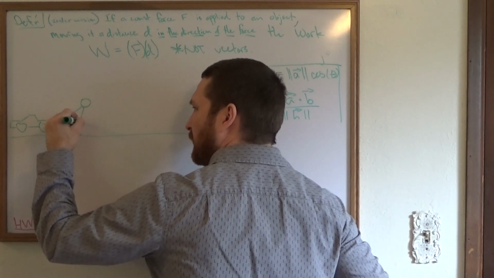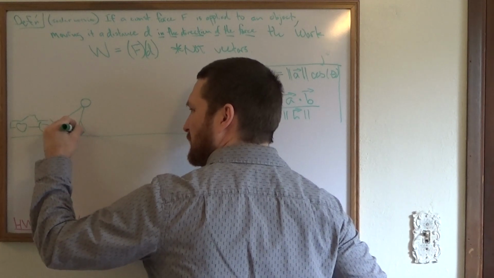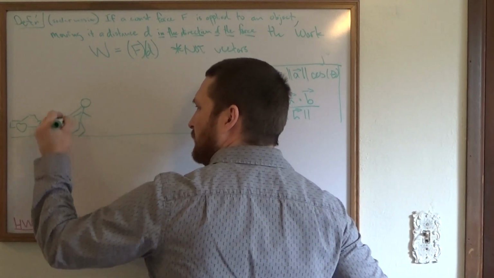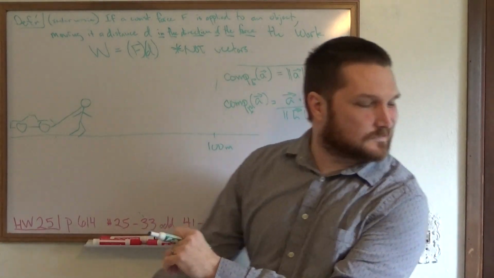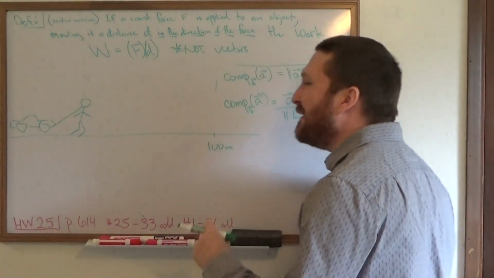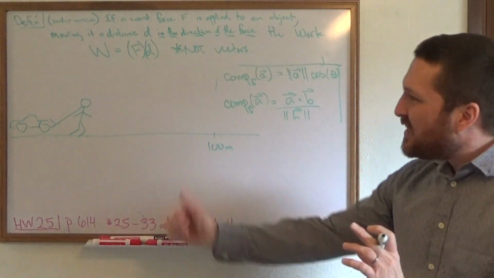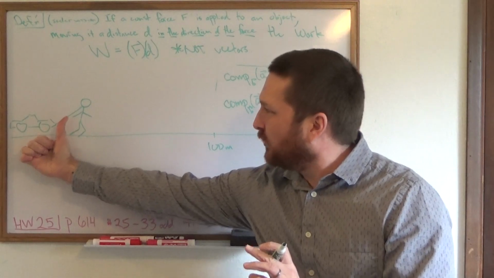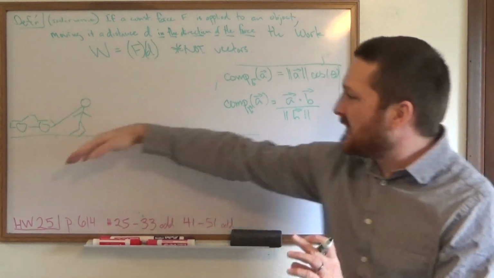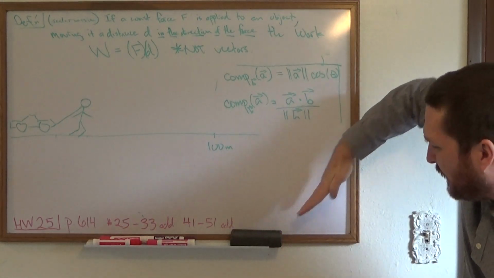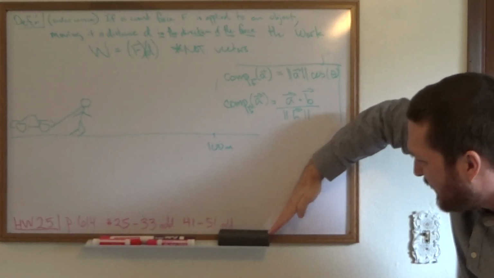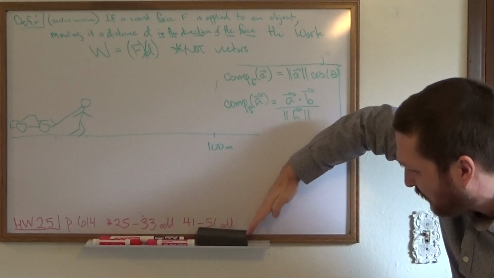And it would look more like this. So here's the thing: the force that you're actually pulling on the rope is in that direction. It's kind of like when I pushed. If I were to push on this that way, I'm pushing down also.